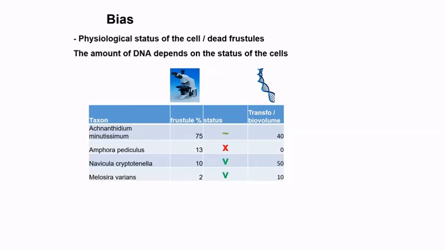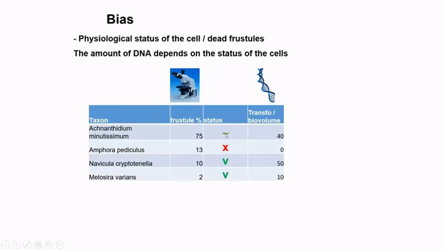if you want to compare these lists, you have to think first about the physiological status of your cells. You know, when you are counting diatoms, we count dead frustules. So maybe if you have this floristic list again, some cells like Amphora pediculus are dead, and maybe Achnanthidium minutissimum too.